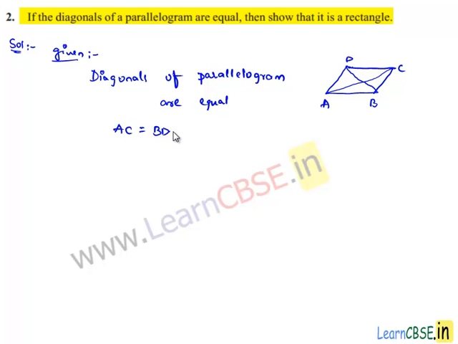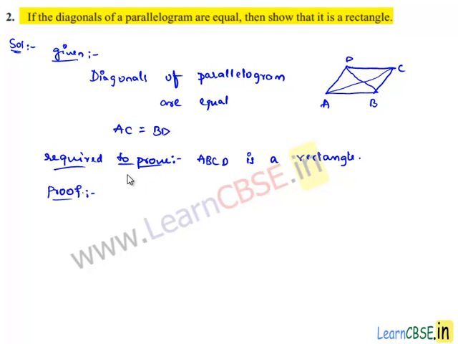It is given that AC is equal to BD, and we are asked to prove that the given parallelogram ABCD is a rectangle. In order to prove that, let us follow a procedure.